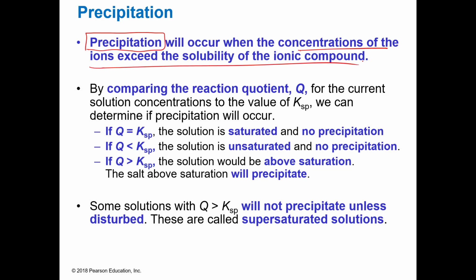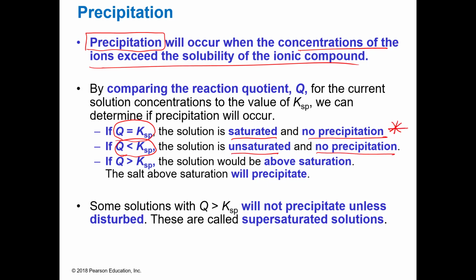And so we can run Q to see if it's going to be saturated, unsaturated, or above saturation. Please note, if Q is less than Ksp, it's going to be unsaturated and there's no precipitation. If Q equals Ksp, it's going to look the same: saturated with no precipitation.